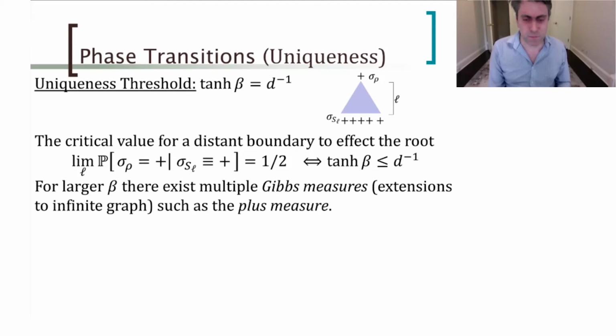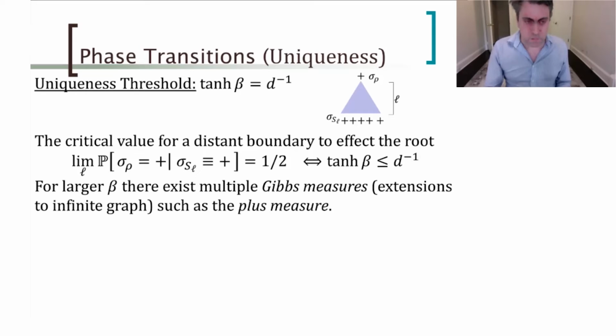For larger values of beta, there's more than one way of doing this extension. It's not unique. One example of this would be we assign all the vertices at level L to be plus, and then look at the distribution around the root, and then let L, the boundary condition, tend to infinity. This will converge to another Gibbs measure or extension called the plus measure, and vertices will just be more likely to be plus.